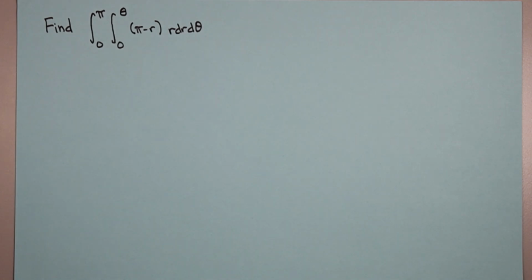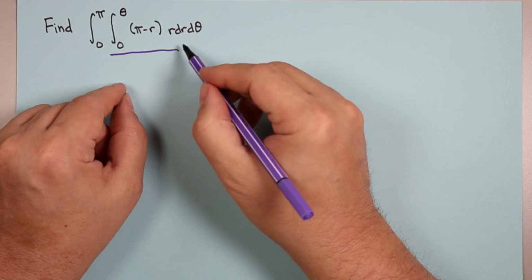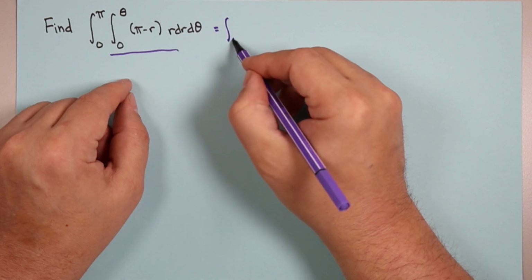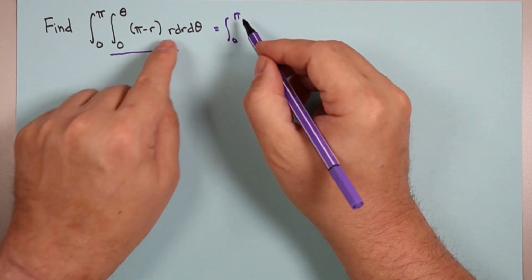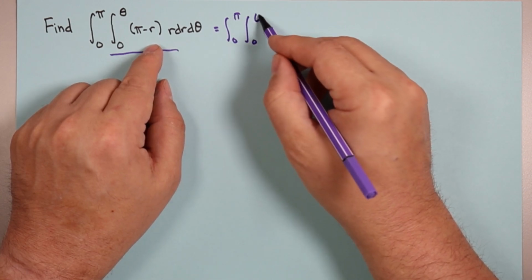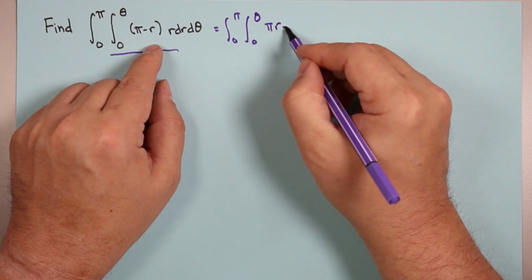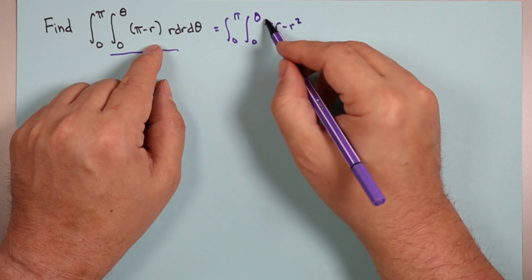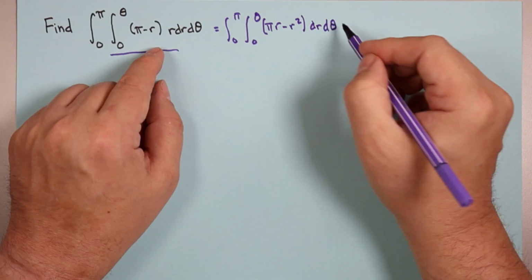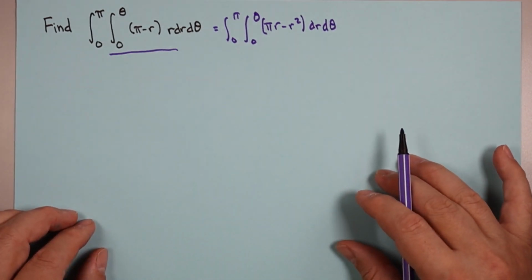So you work from the inside. First, you integrate with respect to r. But before we do, it makes sense to multiply that through. So integral 0 to pi, integral 0 to theta. It's always beneficial to make what you're integrating as easy to integrate as possible, because integration is hard enough. So let's not make it harder.